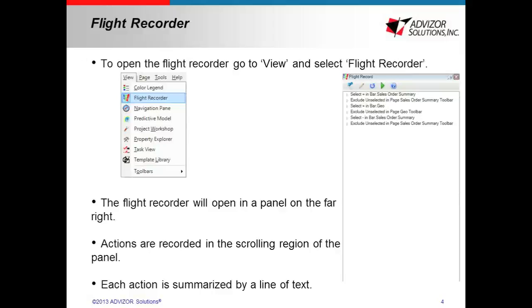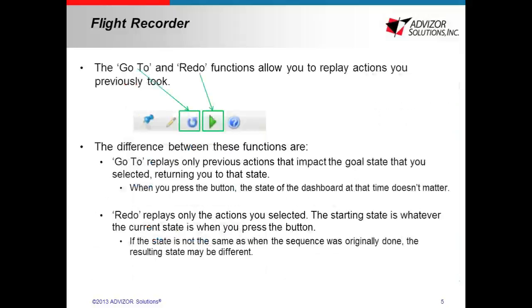To open the flight recorder, you pick View on the View menu, then select Flight Recorder, and you will see the flight recorder pane open. You can go to or redo a function. This is the go to, this is the redo button. And these can be tricky.